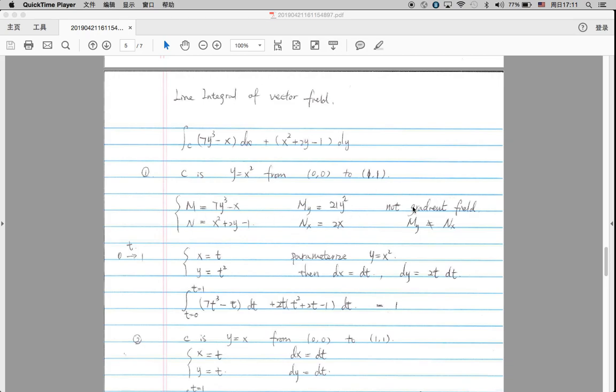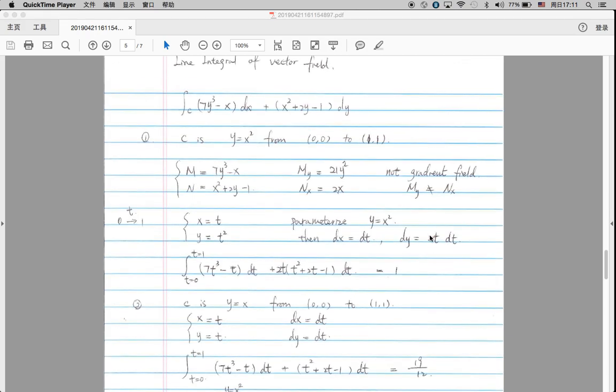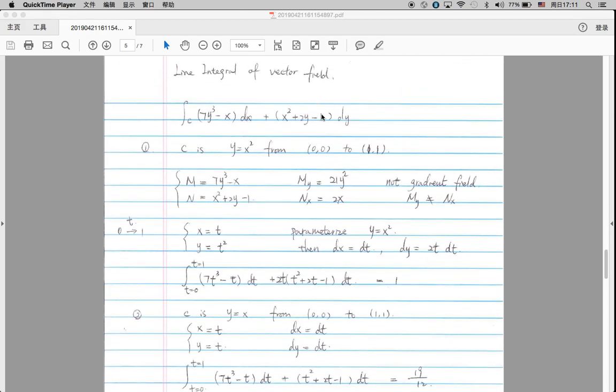So this is a way that we need to check when we are asked to evaluate a line integral like this. So now we find out that this is not the gradient field. We will need to calculate this in the ordinary way.